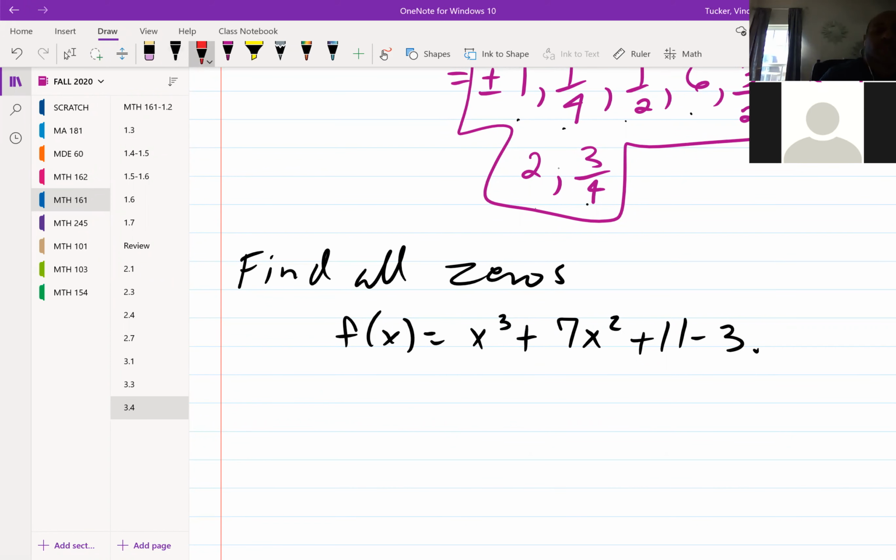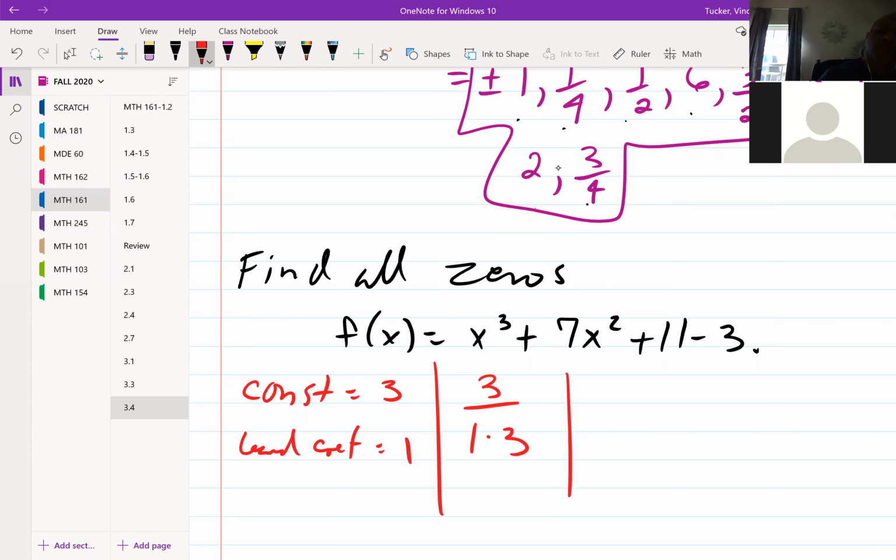So first we recognize what our constant is. Our constant is 3, and our leading coefficient is 1. Factors of 3 is just 1 times 3. Factors of 1 is just 1 times 1.